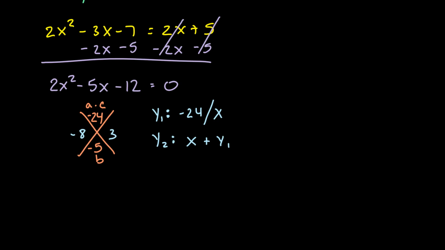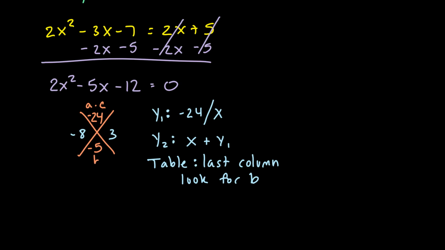And then in your table, what are you looking for? In the last column, you look for your B, -5. And it would have given you -8 and 3.